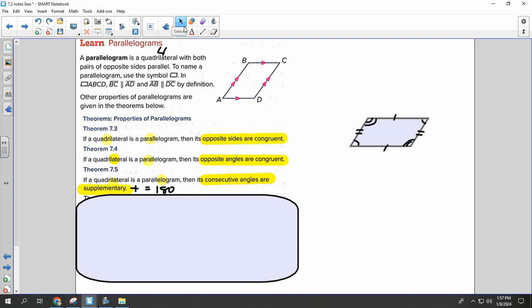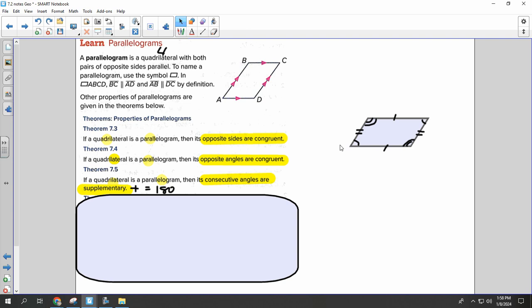Fun part as well, our consecutive angles are going to be supplementary. Consecutive here means that you are right one after the other, like consecutive back-to-back victories.